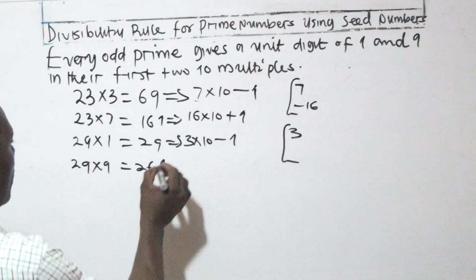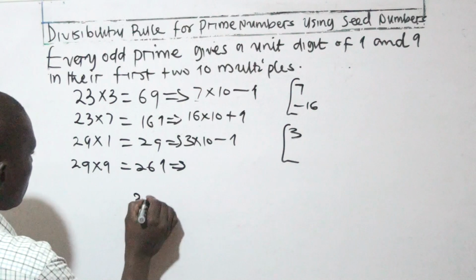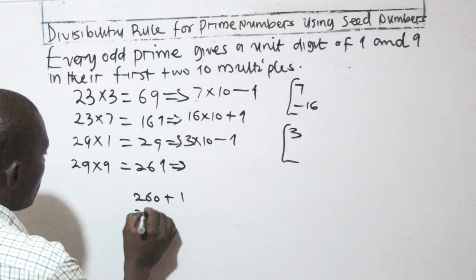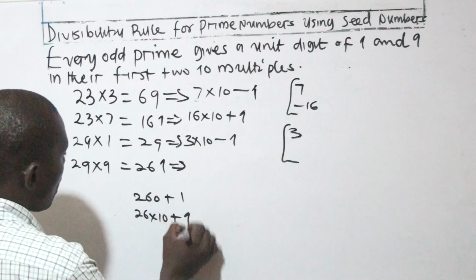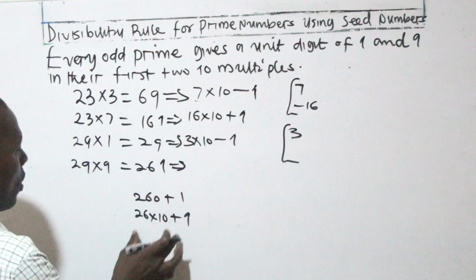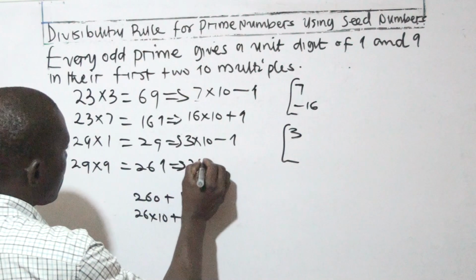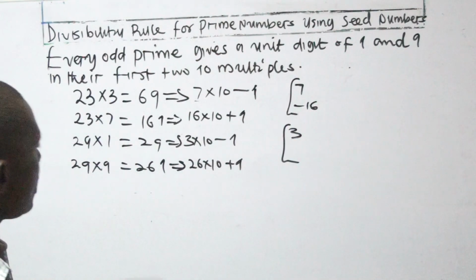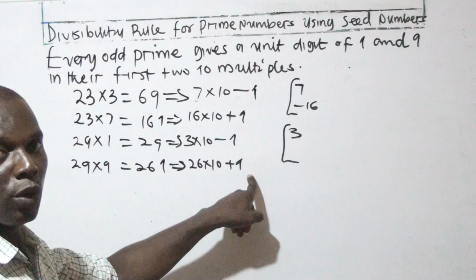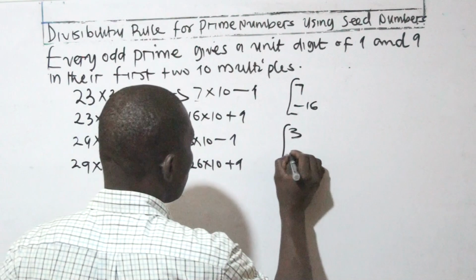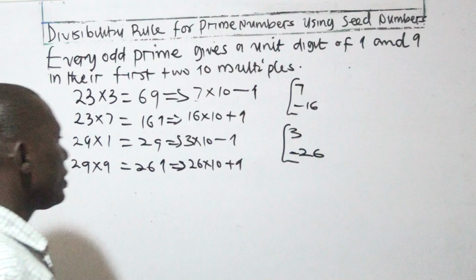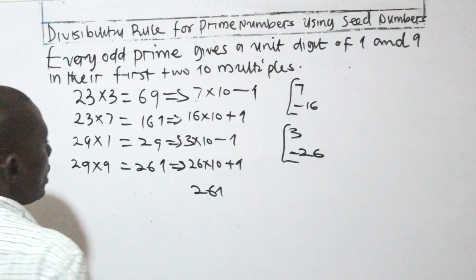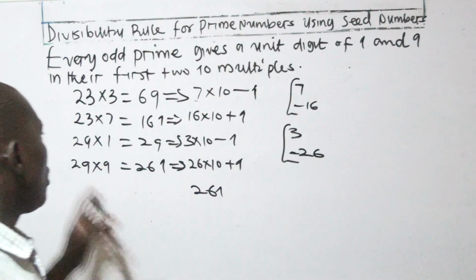Our 261 is the same thing as 260 plus 1, which is 26 times 10 plus 1. So we replace 261 with 26 times 10 plus 1. Our seed number here is 26. This is plus 1, so it becomes minus 26.